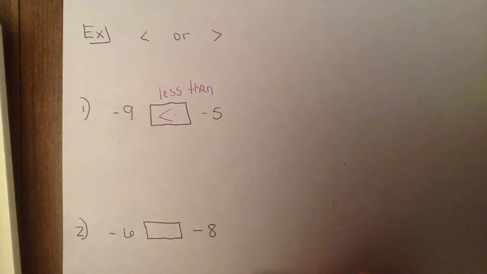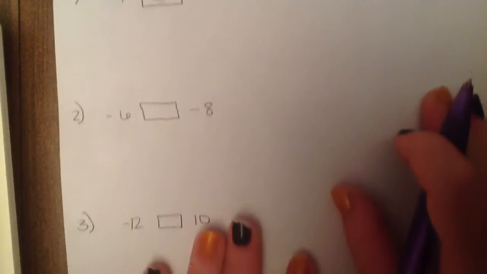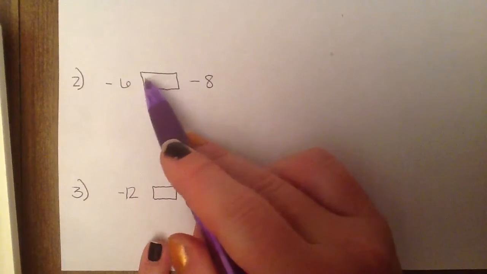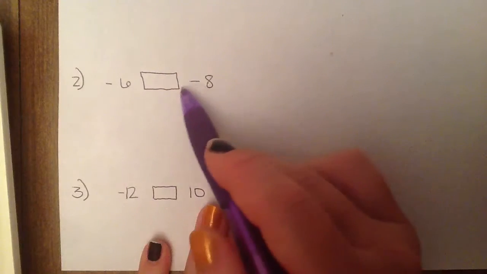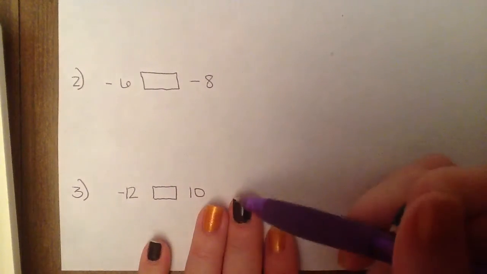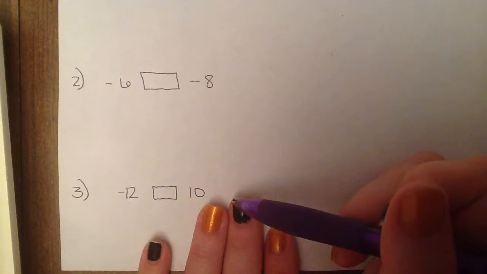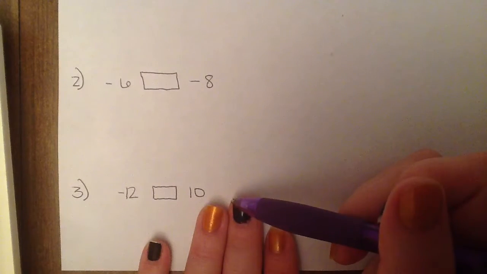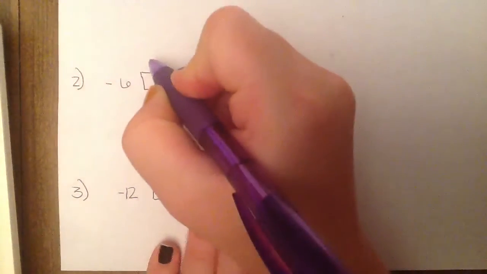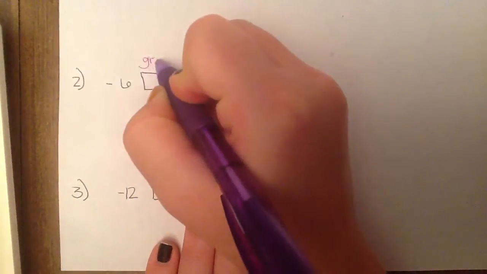Let's try another one. We're again going to read it as a sentence. Negative 6 is less than negative 8, or is negative 6 greater than negative 8? Negative 6 is greater than, so right above the box we're going to put greater than.